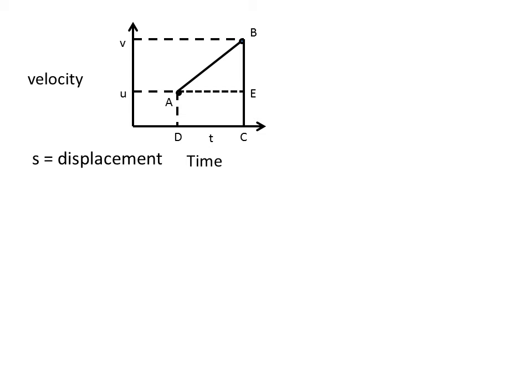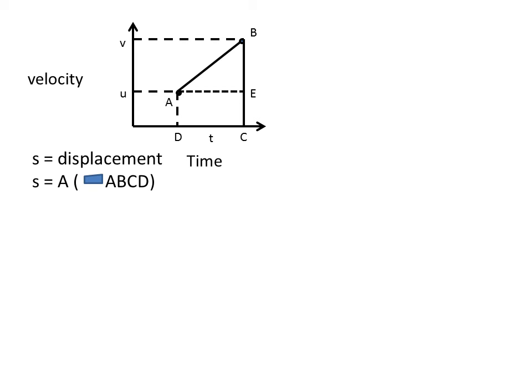Here also, to find out displacement, we will consider the area under the curve AB, since it is a velocity time graph. So the area under the curve AB means we will find out the area of quadrilateral ABCD, isn't it? So to get the value of S, we will find out the area of quadrilateral ABCD.